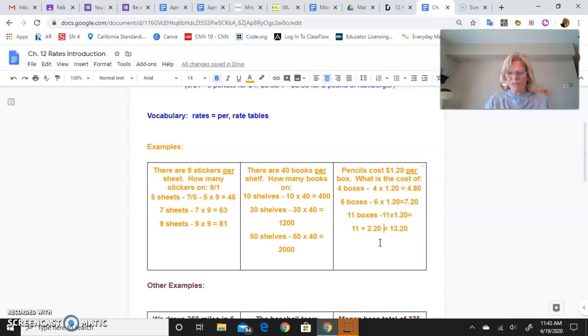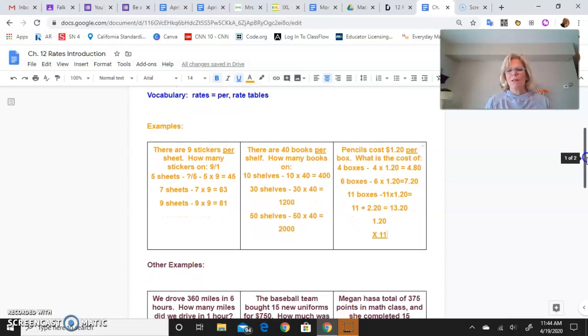Otherwise, if you wanted to do that type of problem, that is just fine. There's more than one way to solve a problem, right? Okay, so that is when we know what the unit is, the unit price or the unit on each shelf, when we're given the unit.